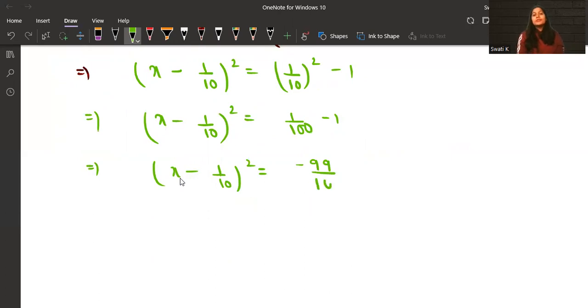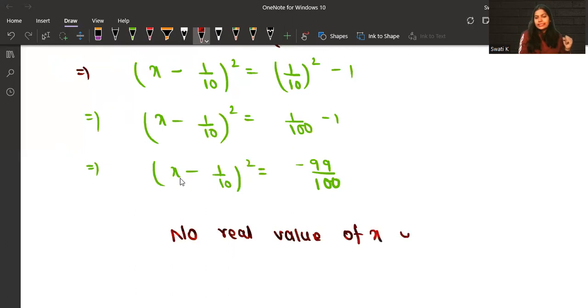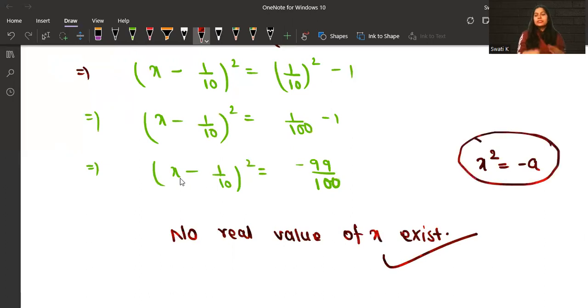Now, as soon as we get a negative number here, no real value of x exists. Why? Because it's not possible to get something like this. We cannot solve this because it's impossible to find the square root of a negative number.